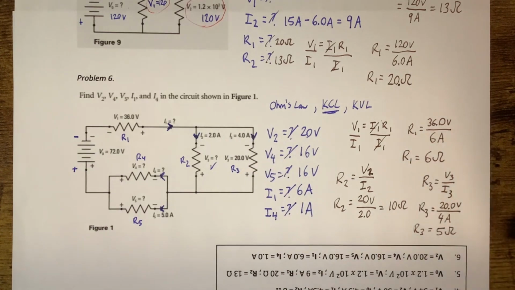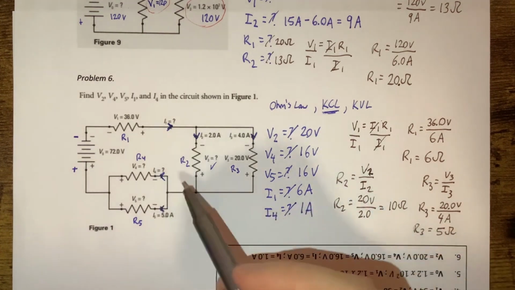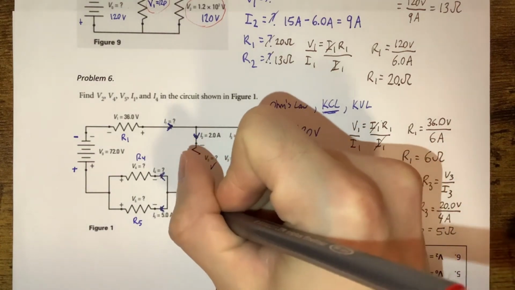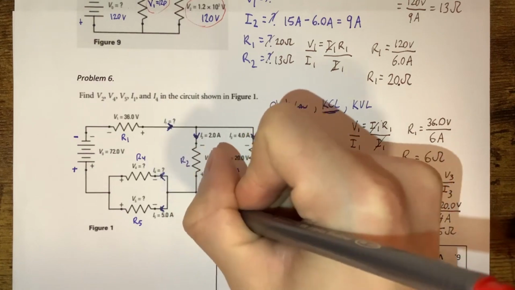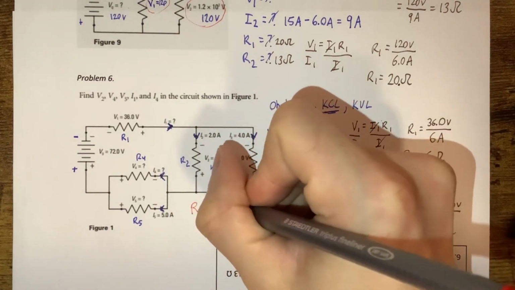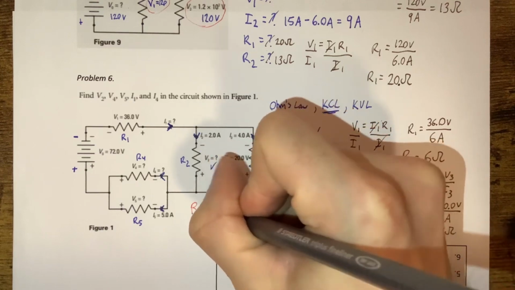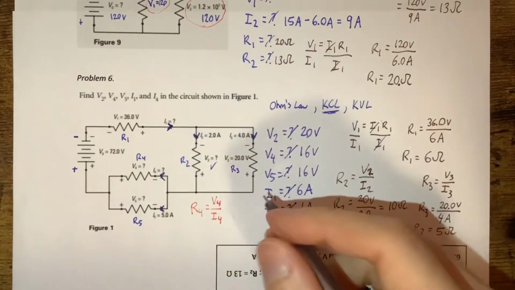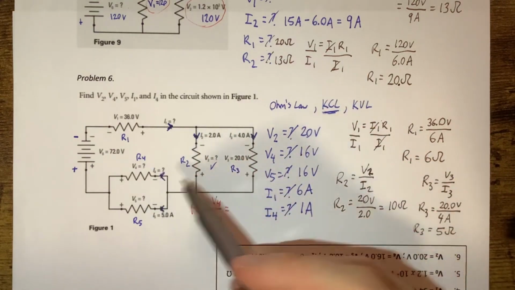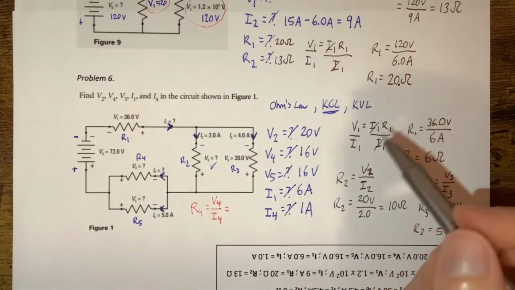Okay, I feel like this marker is starting to run out here, but this one's probably not much better, let's be honest. And let's do our R4. R4 is going to be V4 over I4, okay? So we got our V4, well, V4, we calculated that.